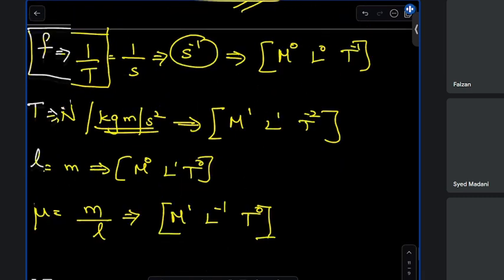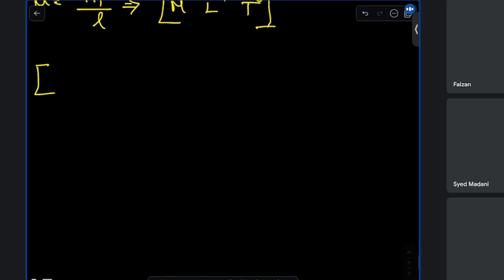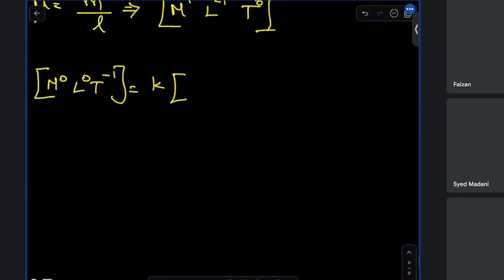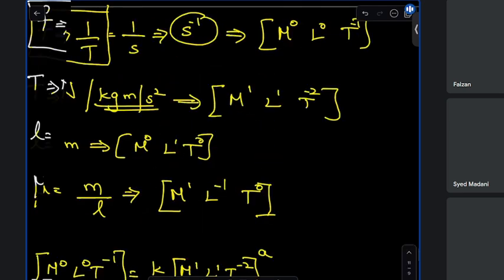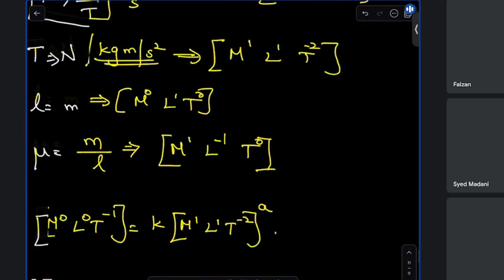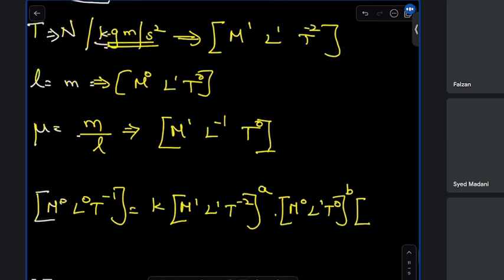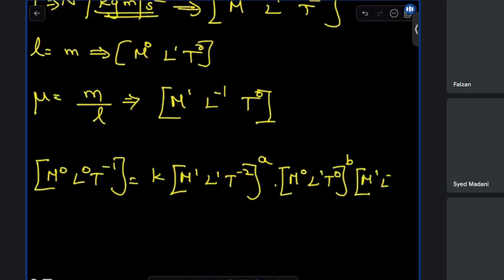Left hand side, frequency, was M0 L0 T minus 1, which equals K into T to the power A, that is M1 L1 T minus 2 to the power A, then L, that is M0 L1 T0 to the power B, then mu, that is M1 L minus 1 T0 to the power C.